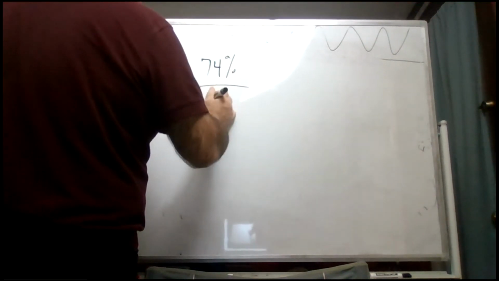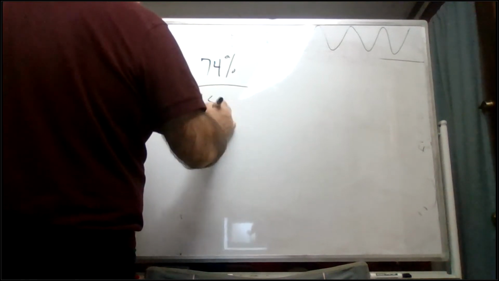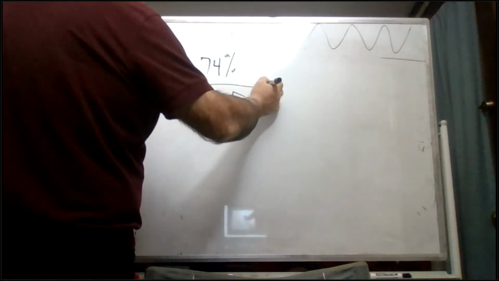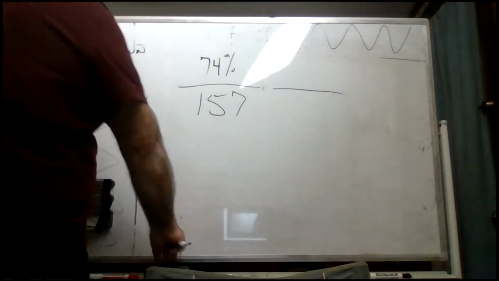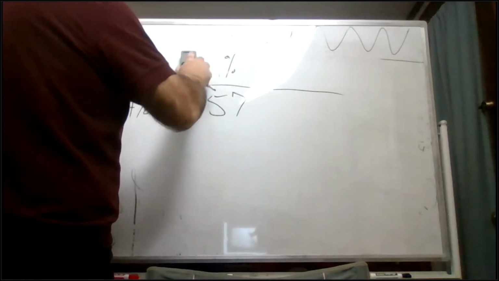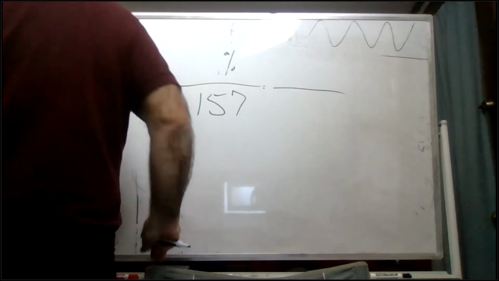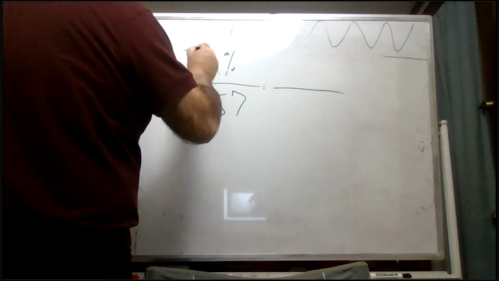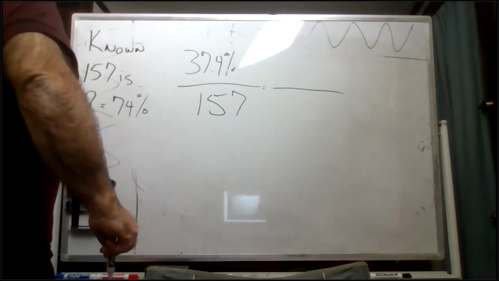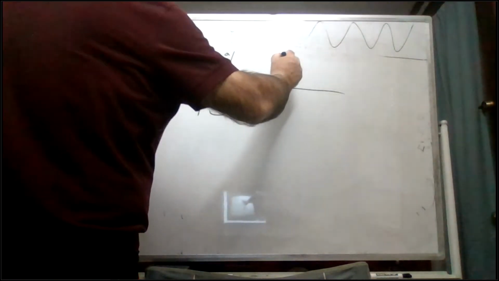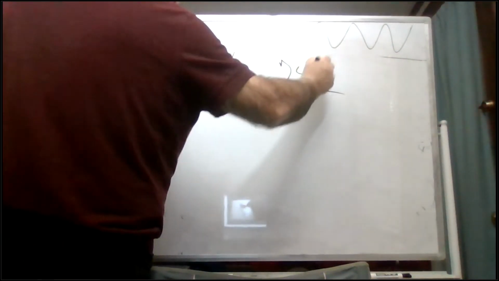So 74% is 157. No, 37.4%. It might not come out the same, which is why I probably do it this way every time. And then, so what is 74%?